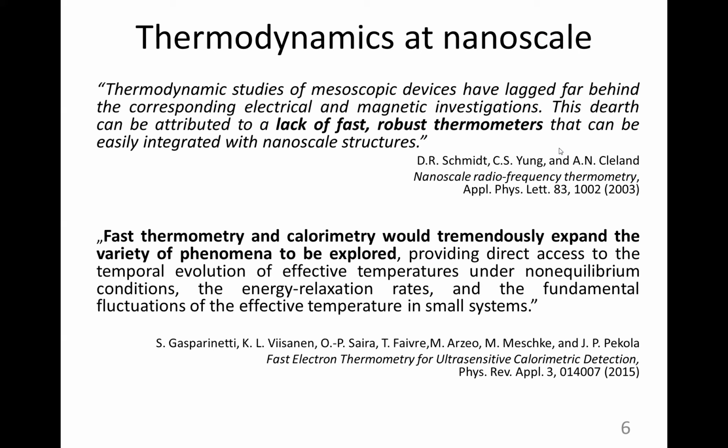For example, Jukka Pekola from Finland said that fast thermometry would be very nice, because it would expand the variety of phenomena to be explored. We would then be able to trace fast thermal processes, for example, energy relaxation rates, non-equilibrium conditions, and small fluctuations in nanoscale systems.